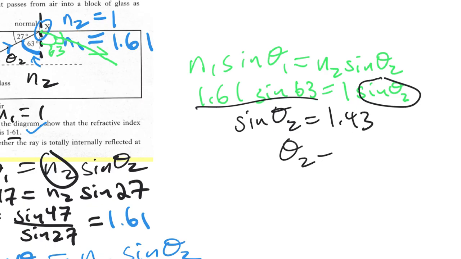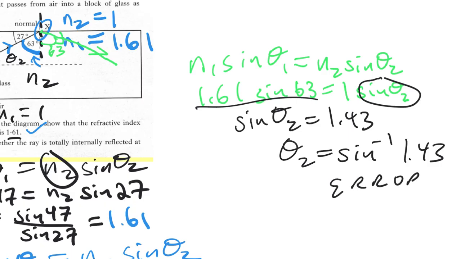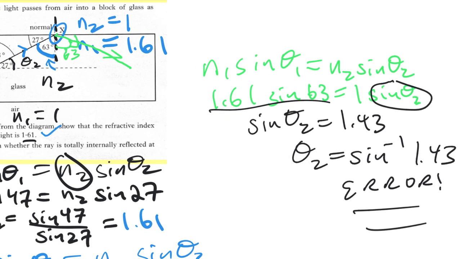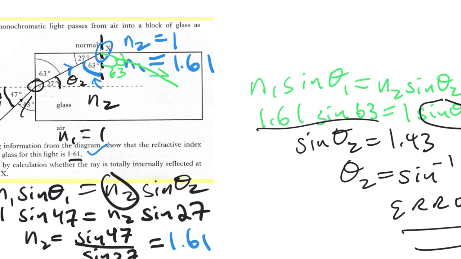So theta 2 is inverse sine of 1.43. Now when I plug that into my calculator, I get an error message. I didn't do anything wrong. When that happens, that means you don't get an angle of refraction. There's an error because no angle of refraction occurs.